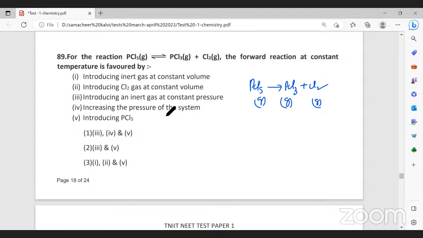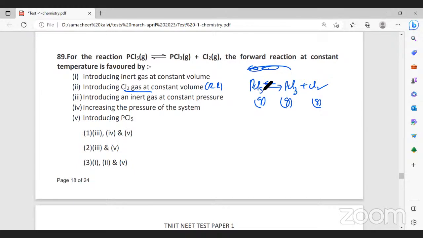Introducing chlorine gas at constant volume. See, if you introduce chlorine gas at constant volume, the reversible reaction will take place, so this will favor the reverse reaction. Introducing an inert gas at constant pressure. Increasing the pressure of the system.